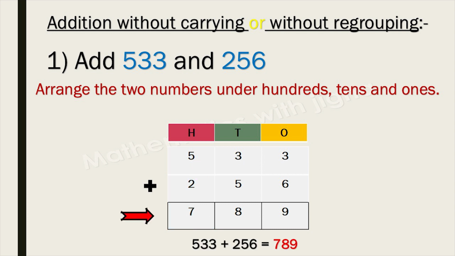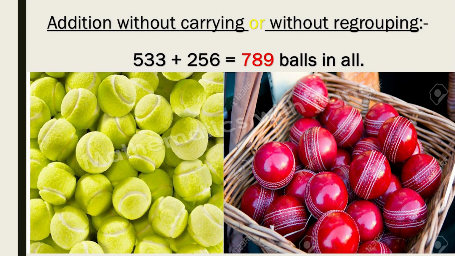Thus, the sum of 533 and 256 is 789. It means that there are 789 balls in all.